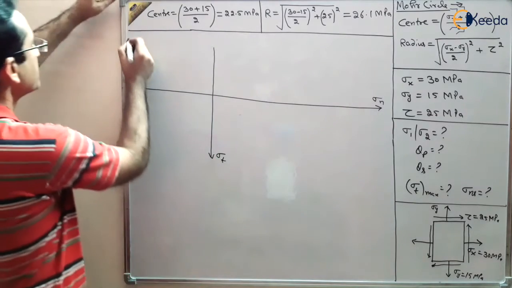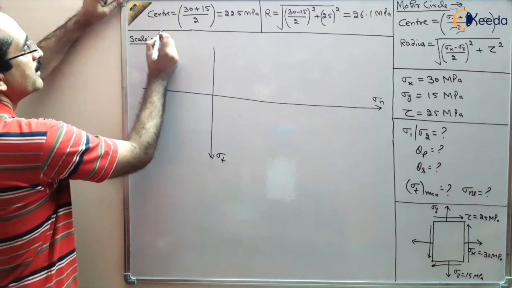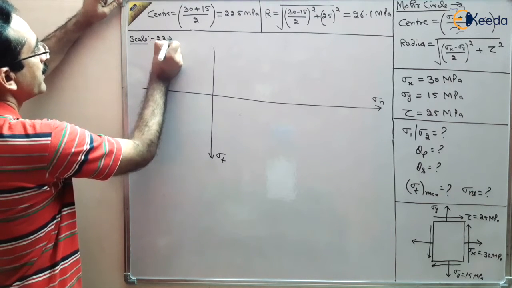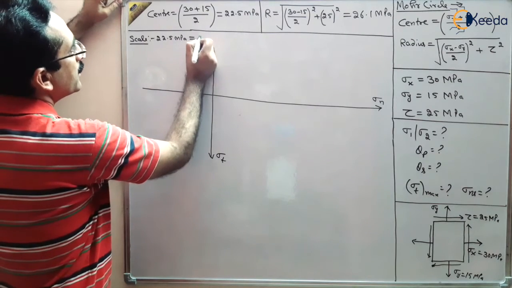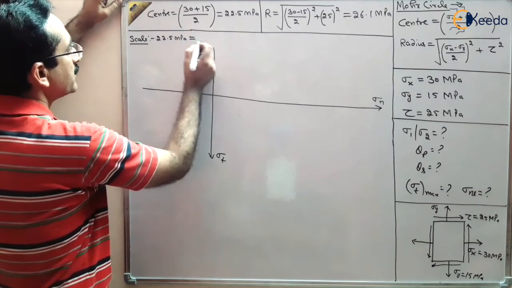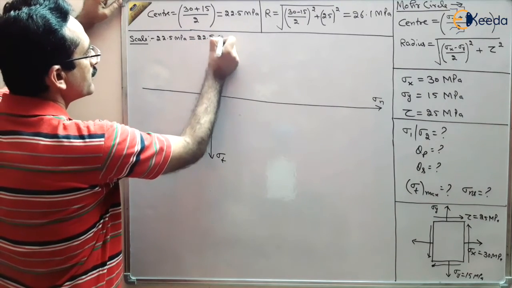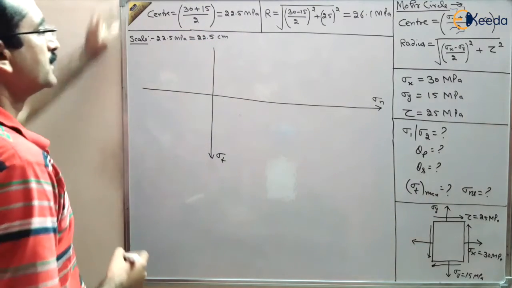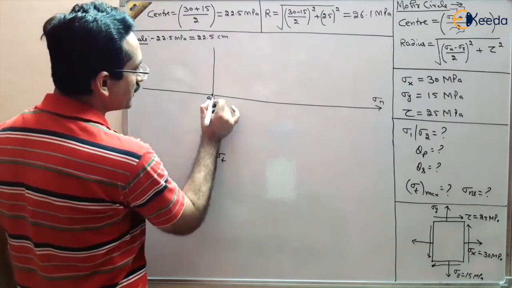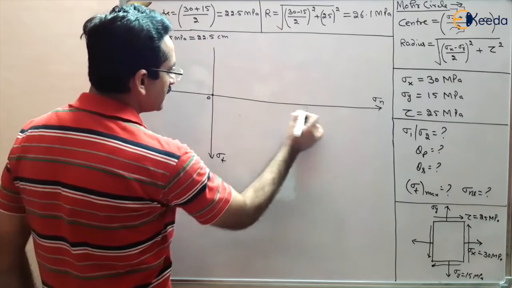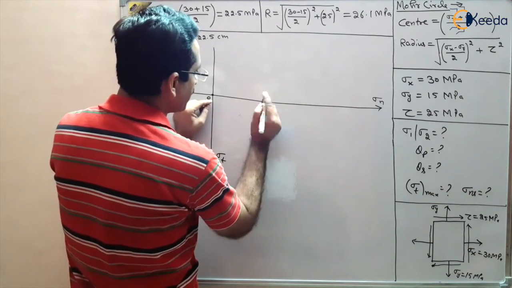So let us say scale 22.5 megapascal is equal to 22.5 centimeter. Whatever scale you want to choose, you can choose. It is positive, so move on this side, take the scale till you get the 22.5 point.